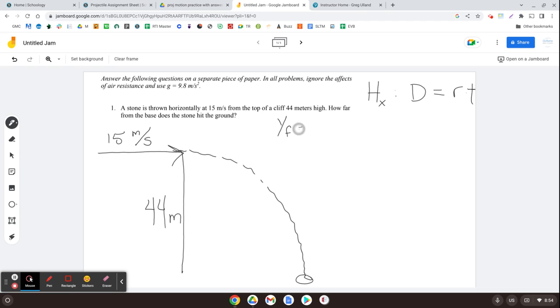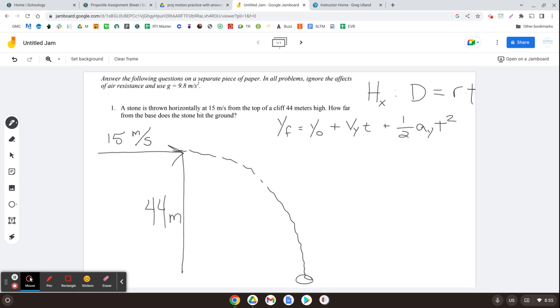So our y final is equal to our y initial plus our velocity in the y direction times t plus 1/2 times the acceleration in the y direction times t squared.